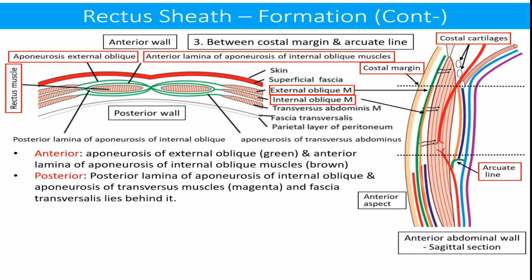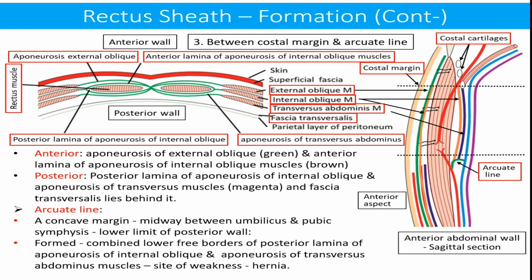Posteriorly, it is formed by posterior lamina of aponeurosis of internal oblique and aponeurosis of transversus abdominis muscle. And this part rests directly on the fascia transversalis which lies behind it.